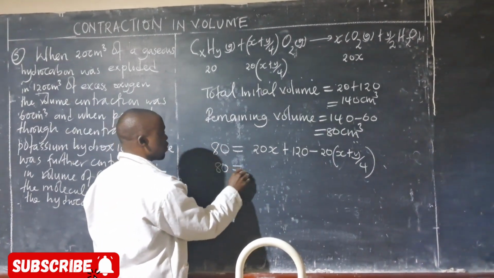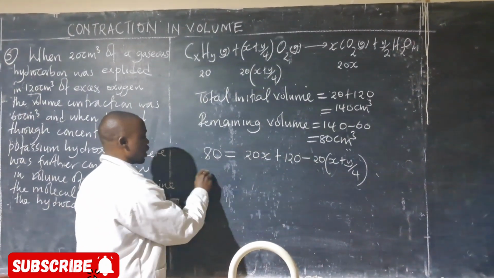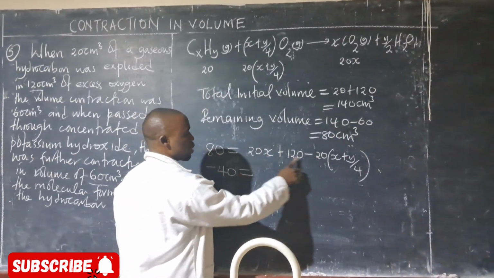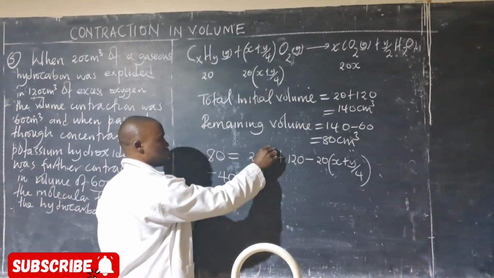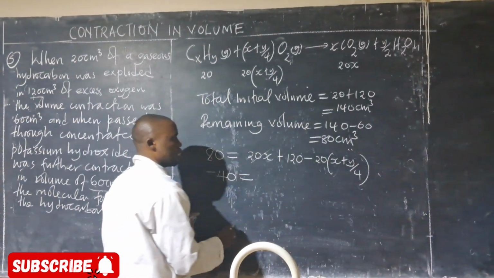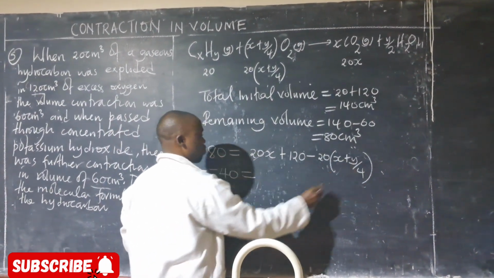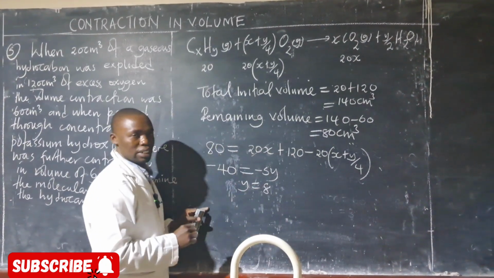So it's 80 is equal to, so you can have 80 minus 120 giving us negative 40. So this 20x minus this one will give us 0. So this will die with this. Giving us negative 20y out of 4, which is negative 5y, and y is about 8.